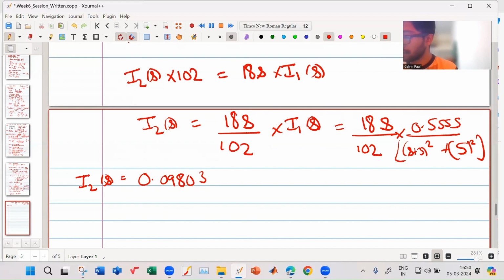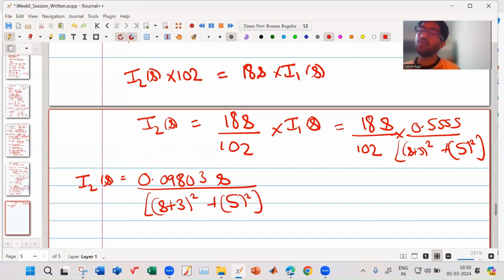It comes to be of this form. Is this clear? Now can we take the inverse Laplace transform?